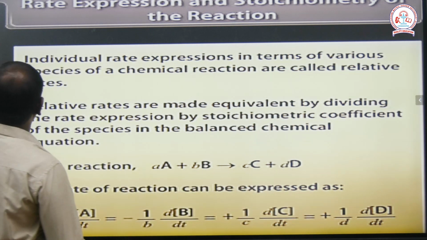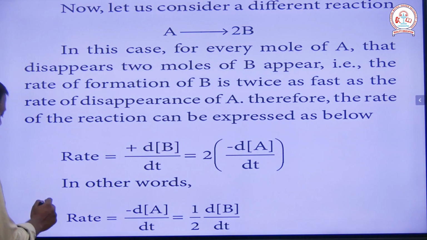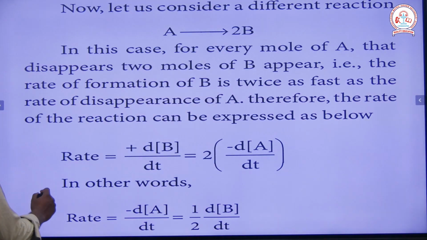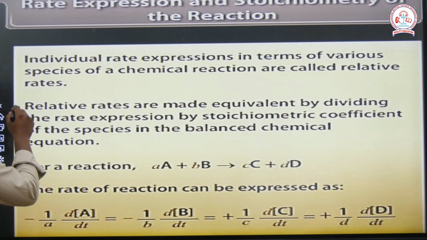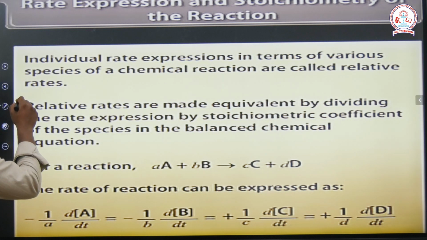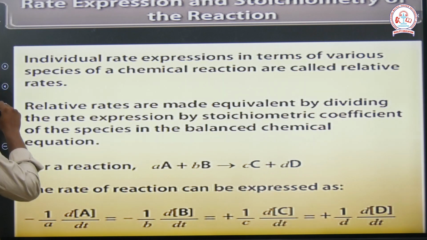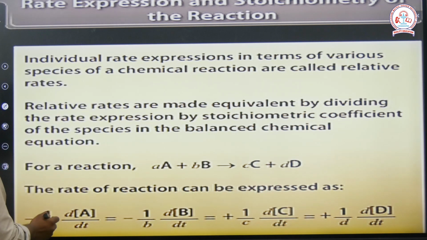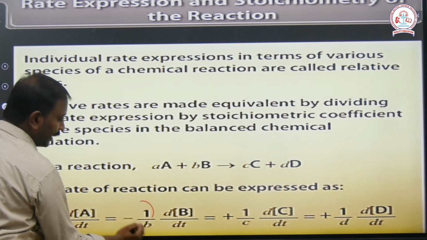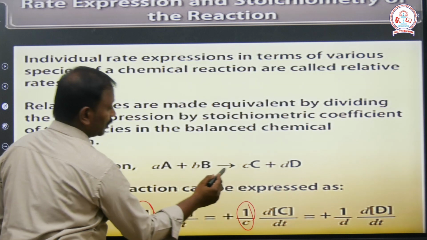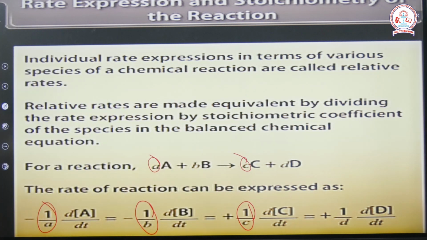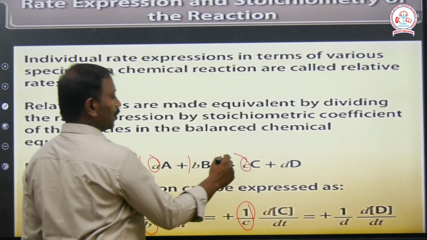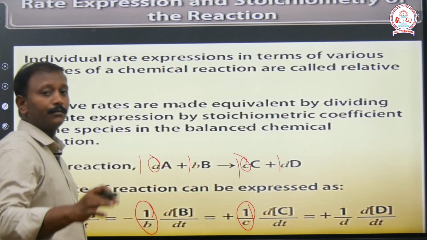So 1 by a, 1 by b, 1 by c, 1 by d, these values come from the coefficient values. Here, 1 mole, 1 mole, 1 mole, 1 mole are all equivalent moles.